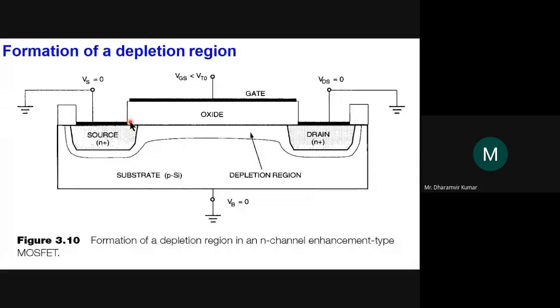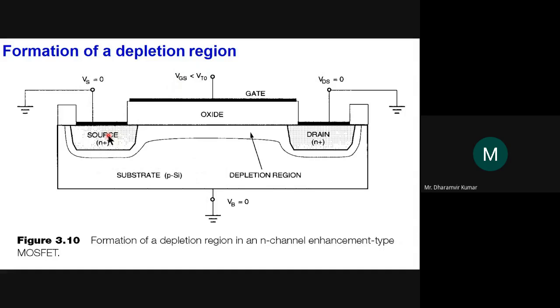It will slightly affect the whole region of the source in a way. You can sense that this p-type material is connected to ground, but since we are applying a positive voltage at the gate terminal, this will have some effect on the source also.